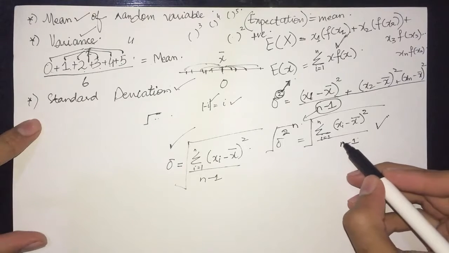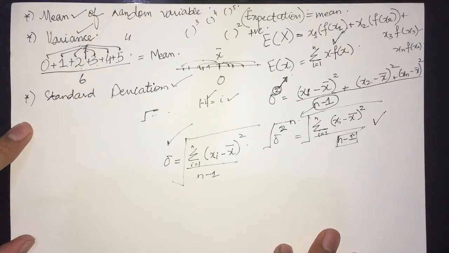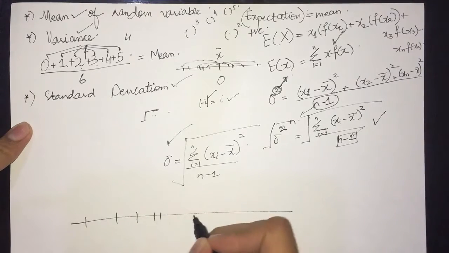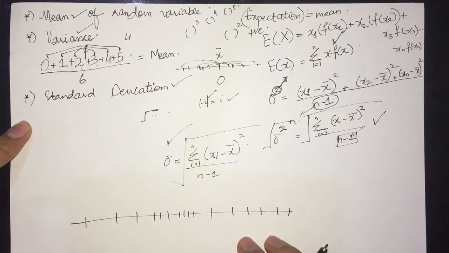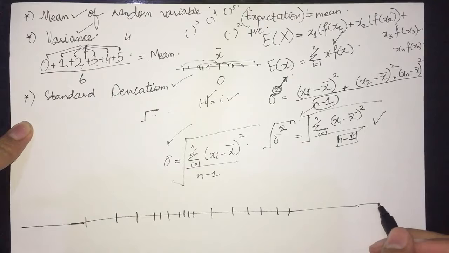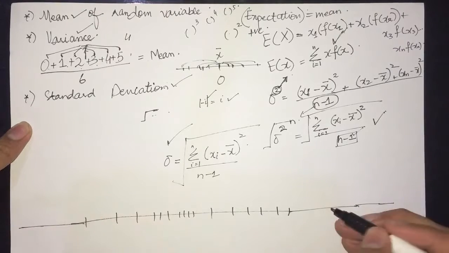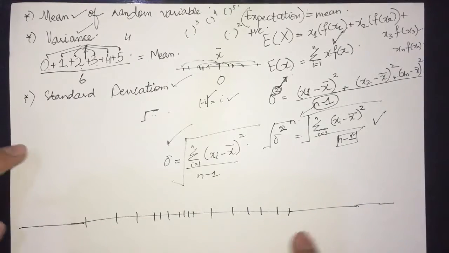Now let's come to the main question of our topic. Why do we use n minus 1? Actually, we have two types of means. For example, this is the number line, and we have different types of data sets. This is a population, and the population is infinite. So we don't know where the mean is; we will never know where the mean actually exists on this number line.